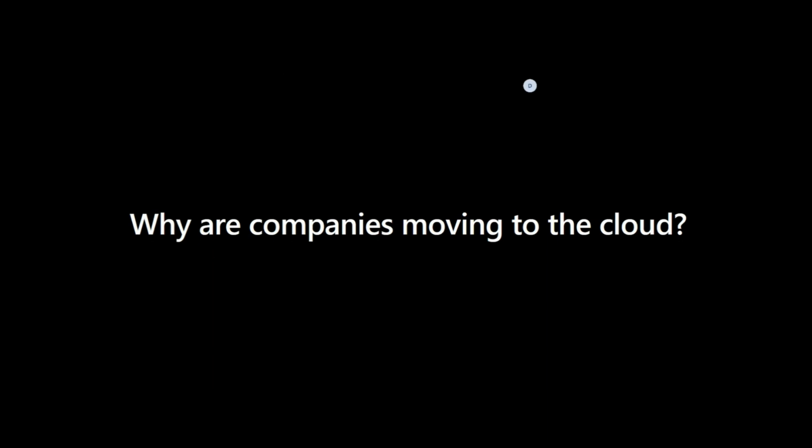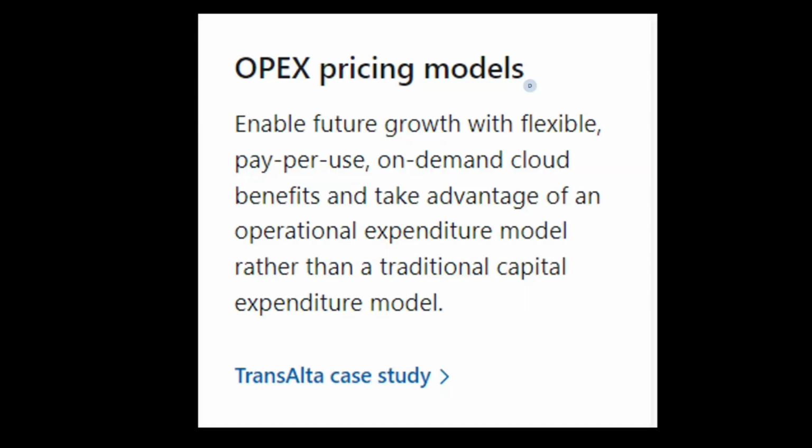Next we will talk a bit about why companies are moving to the cloud. OpEx pricing models: enable future growth with flexible pay-per-use, on-demand cloud benefits, and take advantage of an operational expenditure model rather than a traditional capital expenditure model.